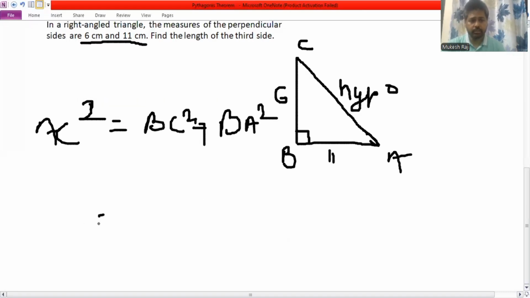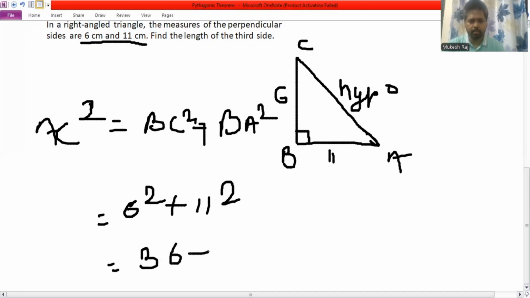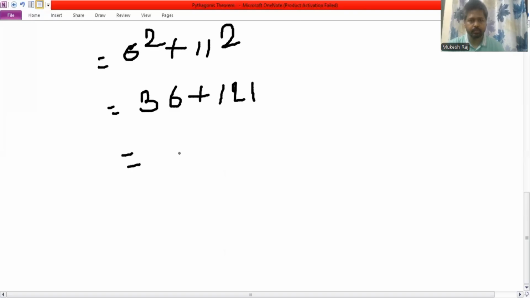Putting the values together, 6 is the value of one of the sides, that is BC. So 6 square plus 11 square, that is 36 plus 121, which is the square value of 11. Adding them together, we get 157.